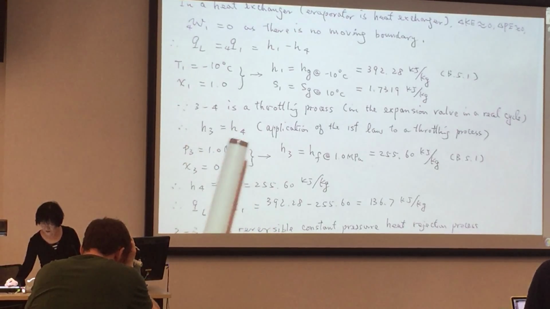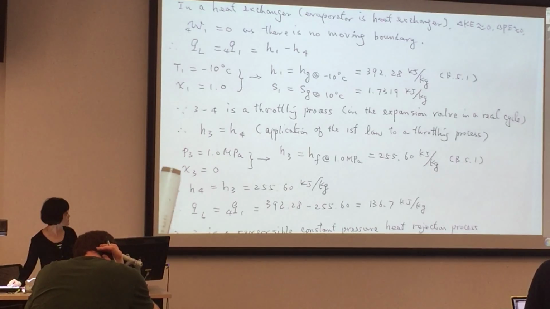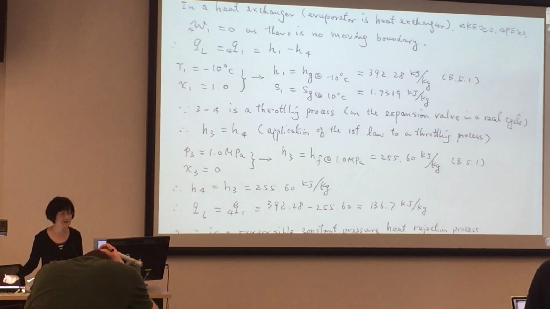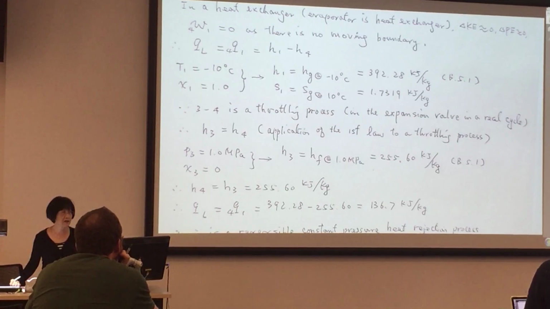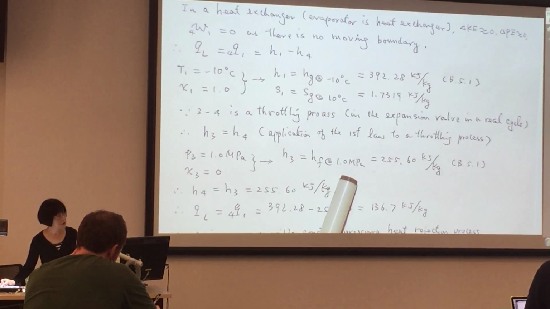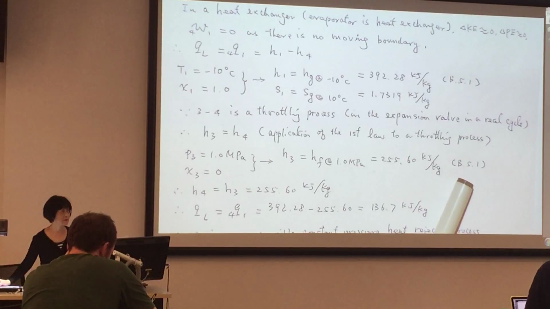So H3 equals H4. And for H3, we have these two independent properties. So the properties at state 3 are actually the properties of the saturated liquid at saturation pressure, 1 megapascal. So that enthalpy is the enthalpy of the saturated liquid at saturation pressure, 1 megapascal, from table B.5.1.